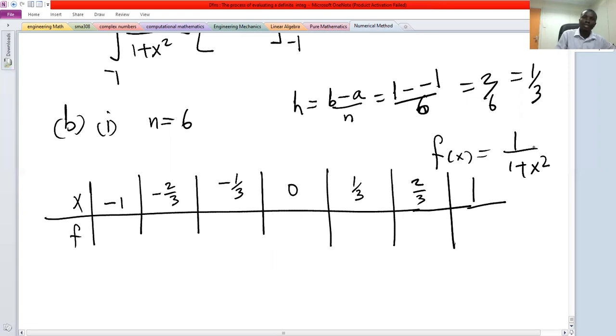Putting these values of x in the function, when x is negative 1, f is a half. Then 9 over 13, 9 over 10, 1, 9 over 10, 9 over 13, and a half.